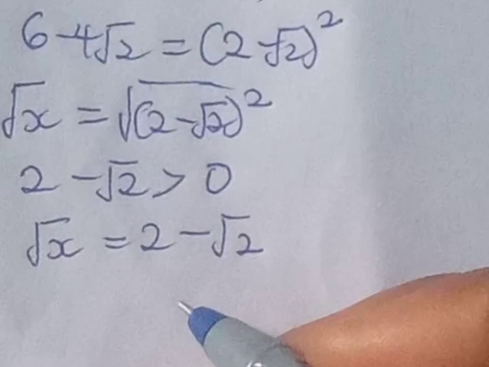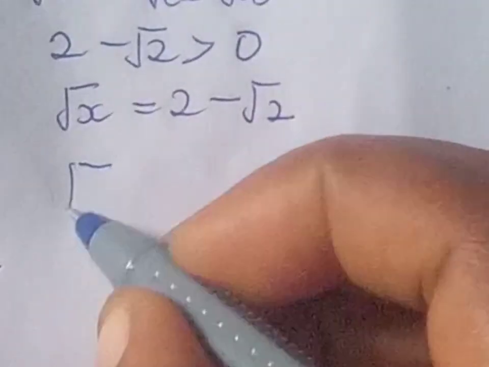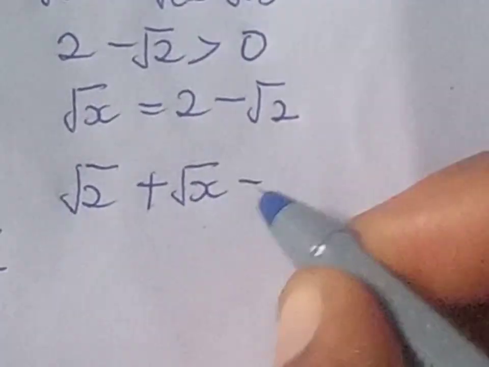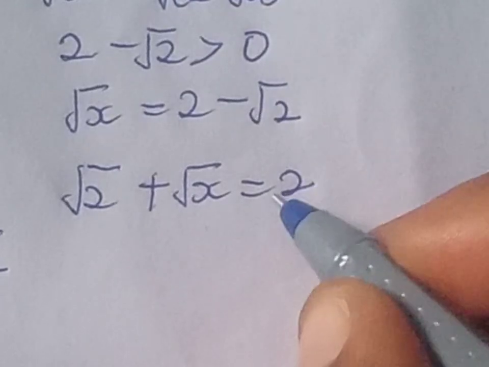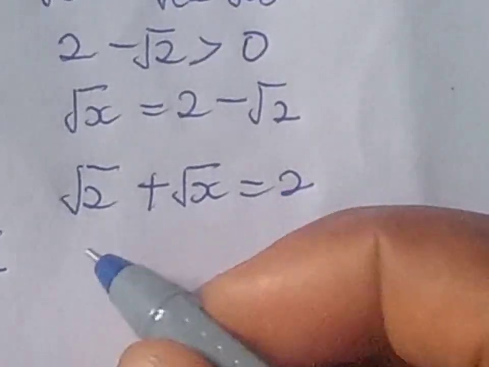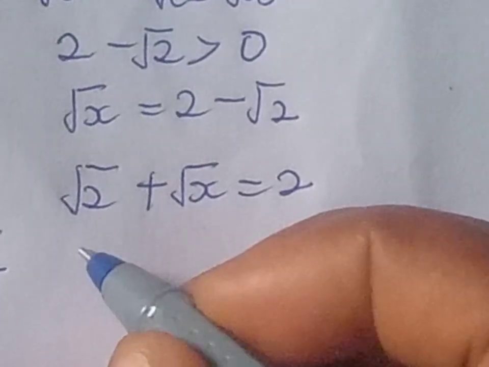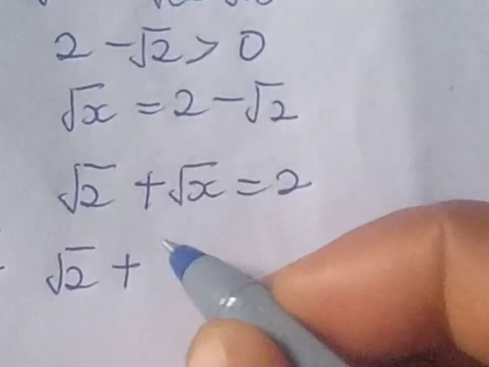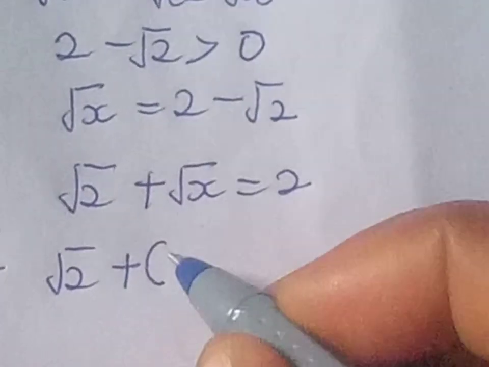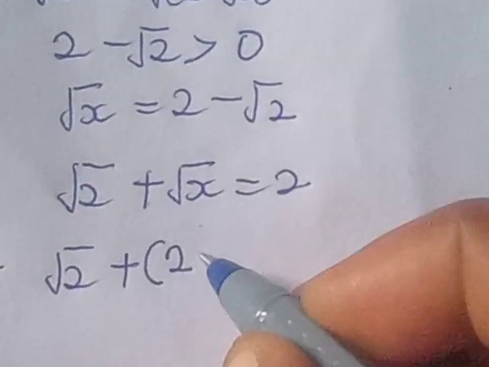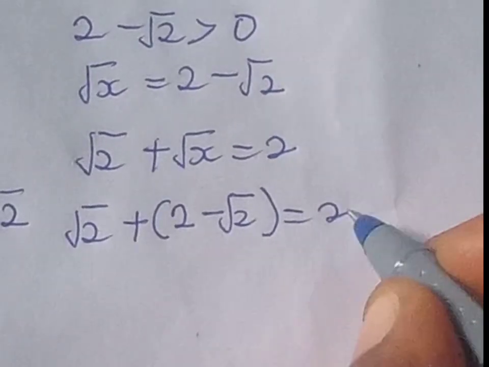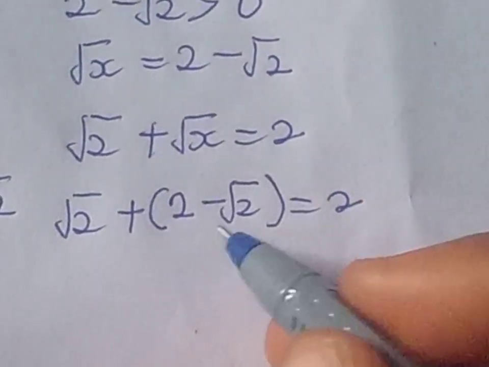The original equation again says square root of 2 plus square root of x equals 2. Let's substitute x. So we have square root of 2 plus our square root of x, which is 2 minus root 2, equals 2. Let's remove the brackets.